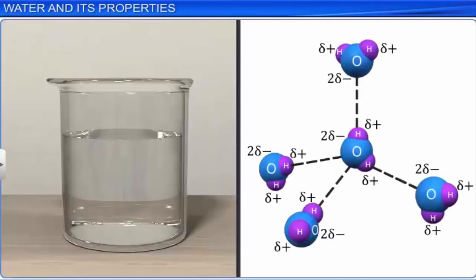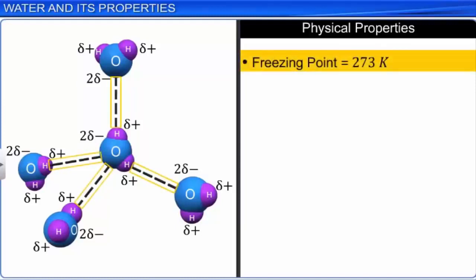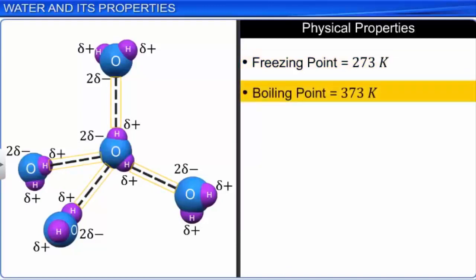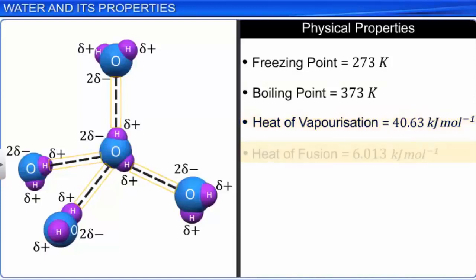Water has strong hydrogen bonding in its molecules and, therefore, exists as associated molecules. Due to the presence of extensive hydrogen bonding in its molecules, water has a high freezing point, a high boiling point, a high heat of vaporization, and a high heat of fusion in comparison to hydrides formed from other group 16 elements, like H2S and H2Se.